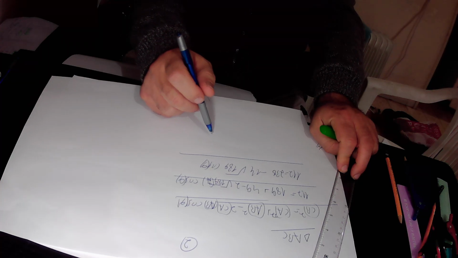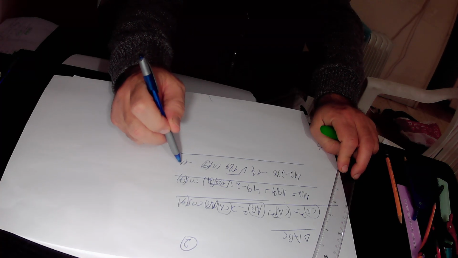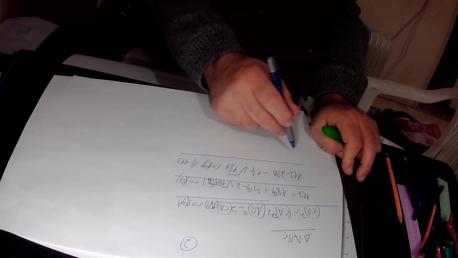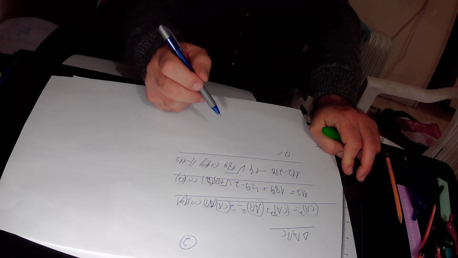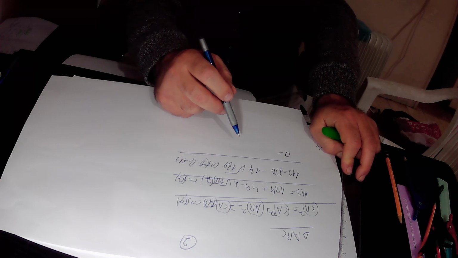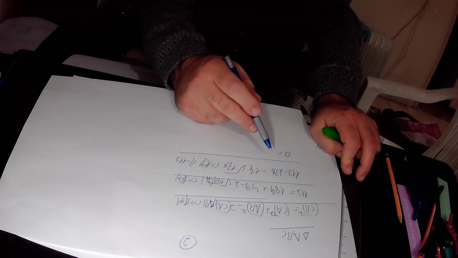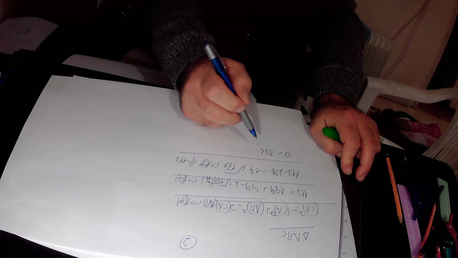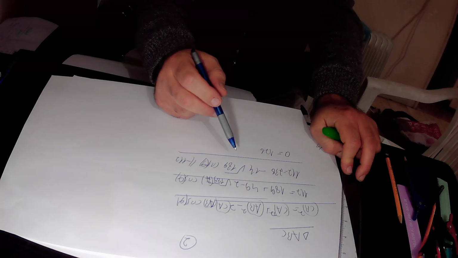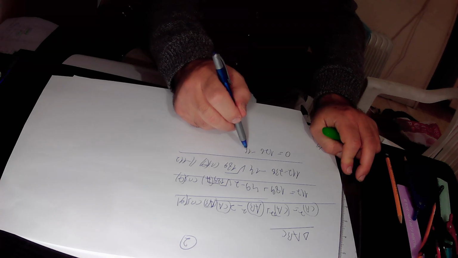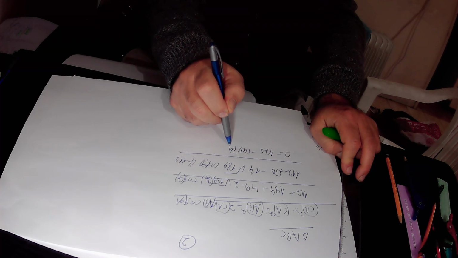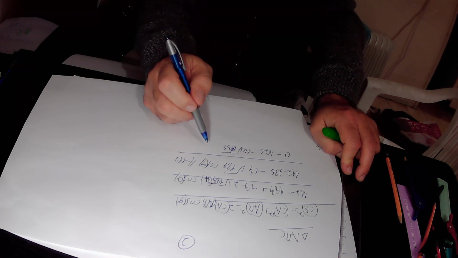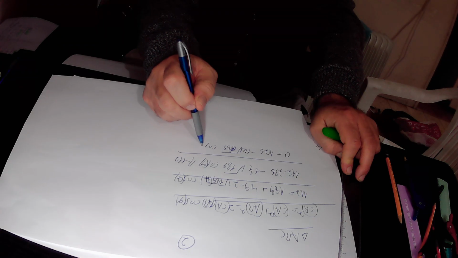Here we subtract 112 from this equation. On this side of the equation we are left with nothing, that is to say 0. On the other side of the equation we have 238 minus 112, which is 126. Here we have minus 14 times the square root of 189 times cosine alpha.